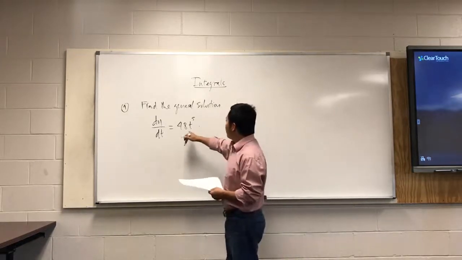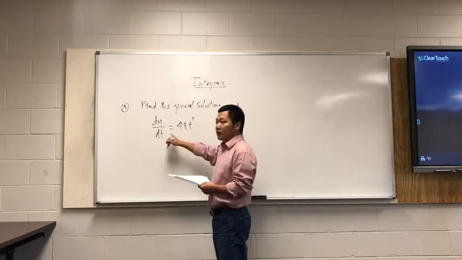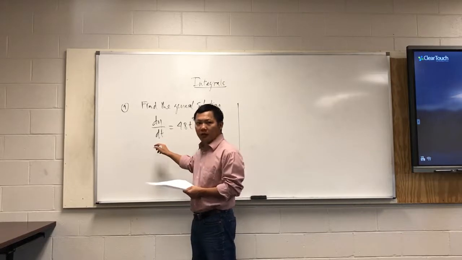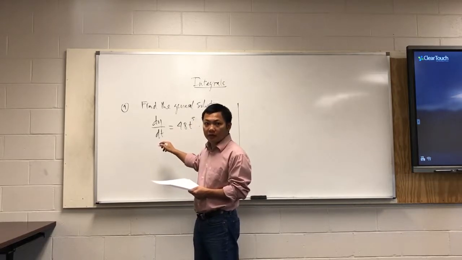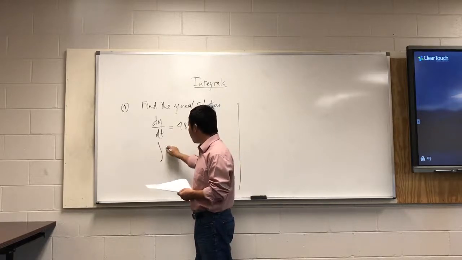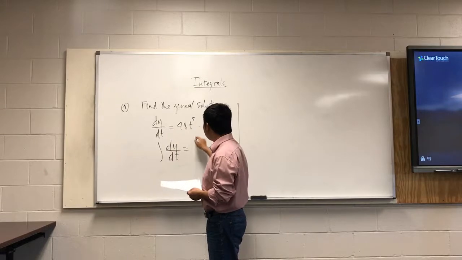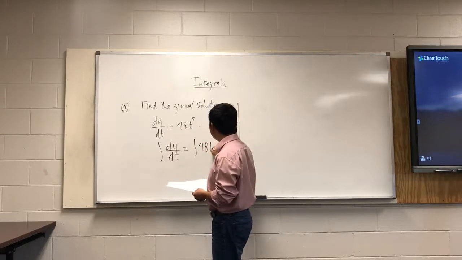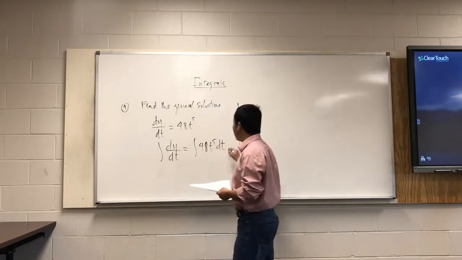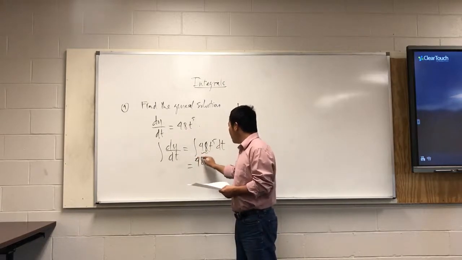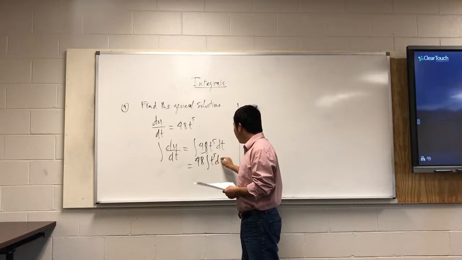So for this, we know the derivative. We need to recover the function. So we apply integration to both sides. We get the integral of dy/dt equal to the integral of 48t to the fifth dt. Since 48 is a number, we can pull it out, leaving t to the 5 dt.